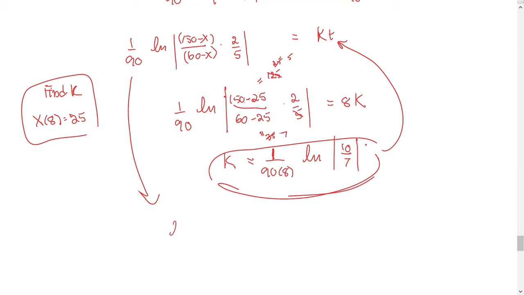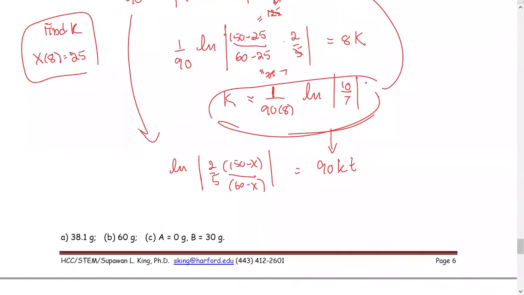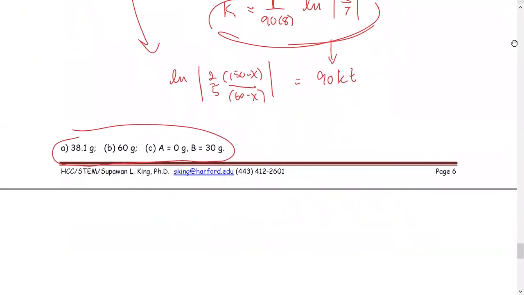let's multiply both sides by 90. So natural log absolute value 2/5 of 150 minus X divided by 60 minus X equals 90 times K times T. And K we just found in this form. Just leave it, just reduce the mess. And the answer is out here. We get back to that later.